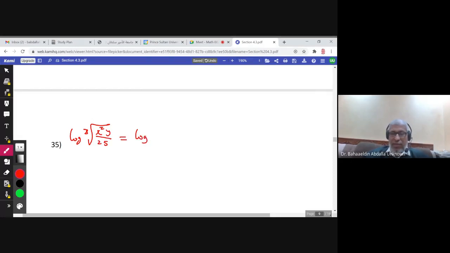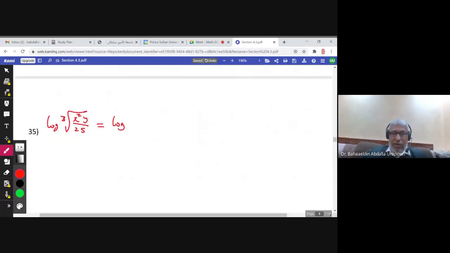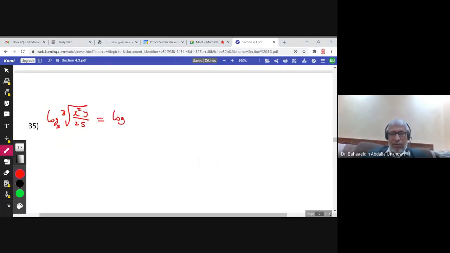So first, what is the base? The base is 5. So first step is to write it as x squared times y over 25 all to the power 1 over 3. And you use the power rule to write 1 over 3 outside, to the base 5.